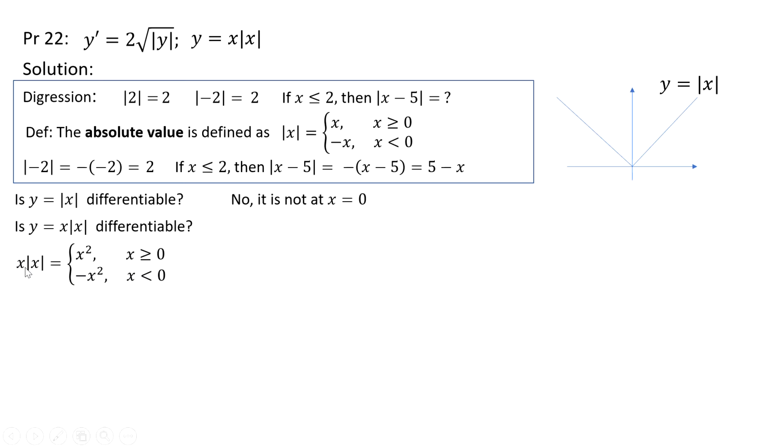So what would I be left with? x times x. What is x times x? x squared. That's what you see there. On the other hand, when x is less than 0, what will I replace absolute value of x with? Negative x. So what am I looking at? x times negative x. Isn't that equal to negative x squared? So basically, x times absolute value of x is simply x squared if x is greater than or equal to 0, negative x squared if x is less than 0.